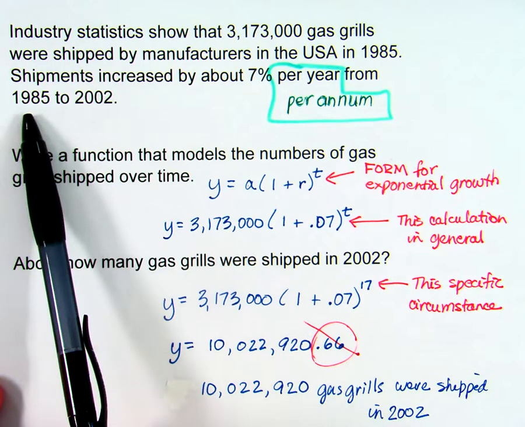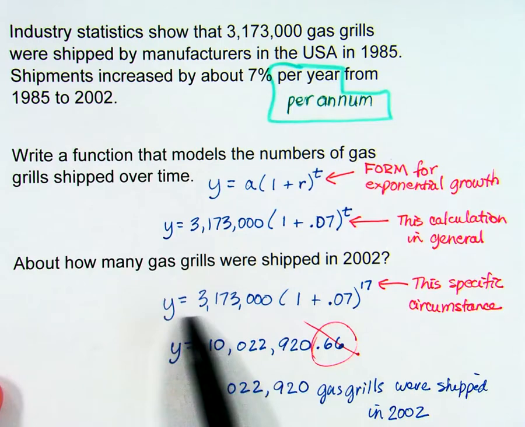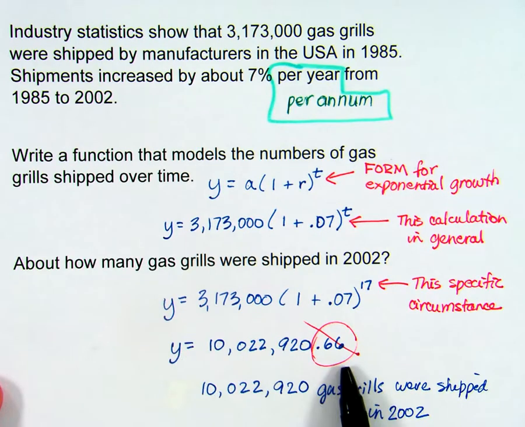Depending upon the criteria that you're working with, it might go one way or the other. But I would put here that the best answer is 10,022,920 gas grills having been shipped in 2002. So notice I did not round up. I truncated to the total whole amount that were shipped.